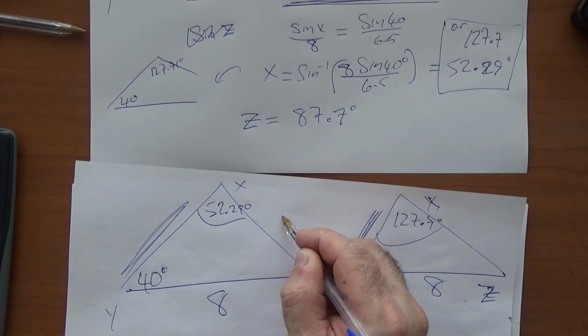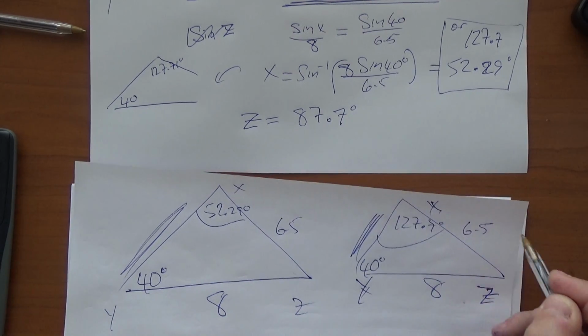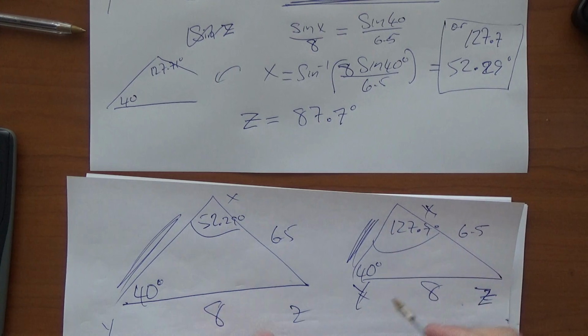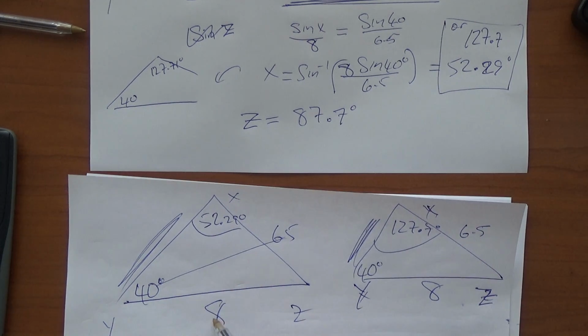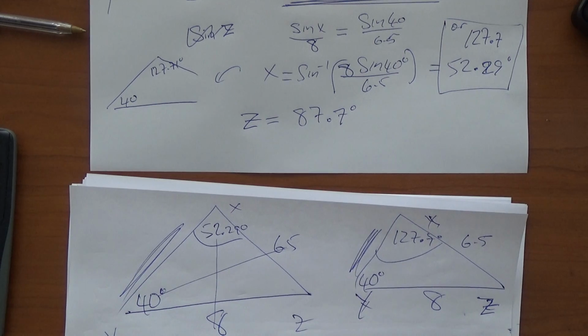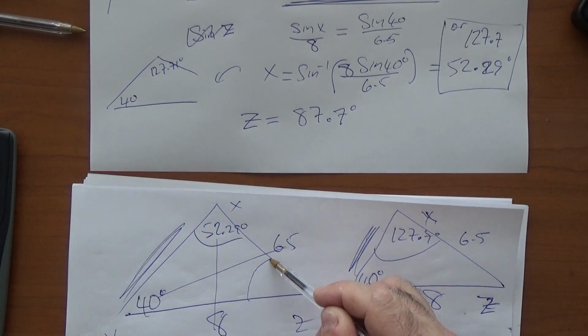Well, I know this is 6.5 in both cases. In one case it shoots that way, in another case it shoots back this way. So I got a pair there and a pair here, but this pair is kind of empty, so I end up having to fill this in.